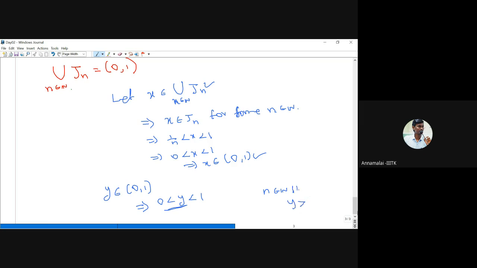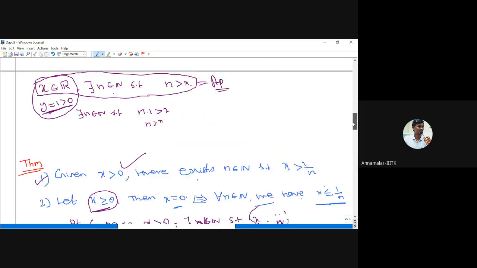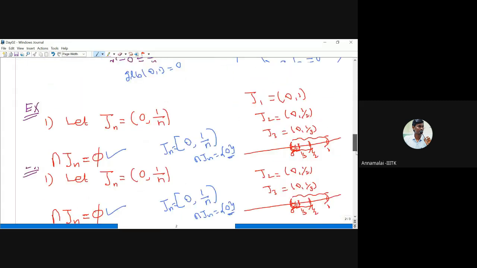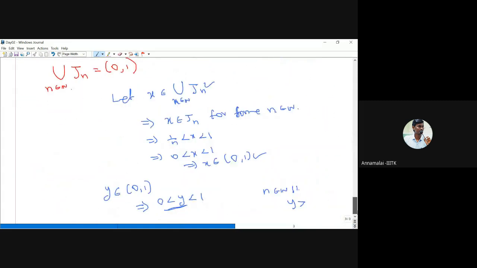Already we proved that given any positive real number, we can find a natural number n such that n is bigger than 1/y.